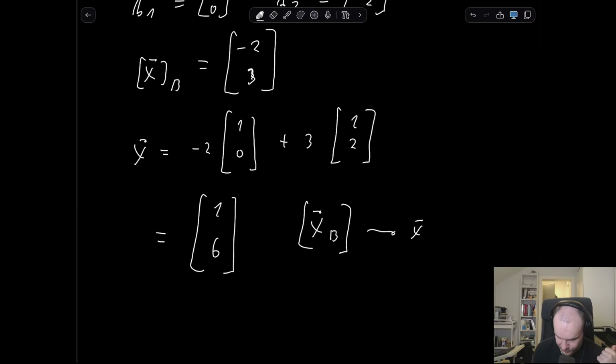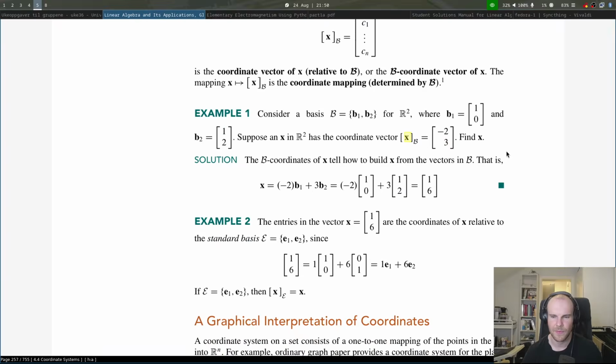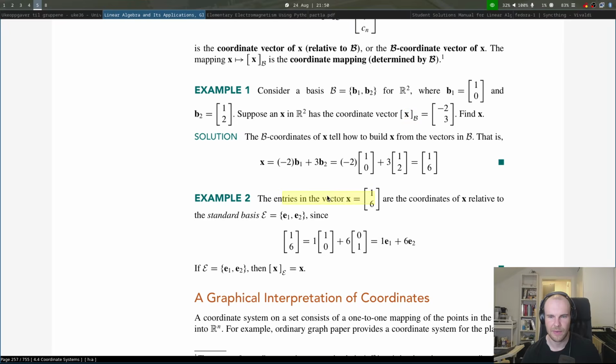Cool. Very cool. Okay, that was example 1. Yeah, that's 1, 6. All right, and here the entries are relative to the standard basis, and that's just, of course, 1 times the unit vector 1, 0, and 6 times the unit vector 0, 1. So you see how it's the same thing, but we just have a different representation, right?